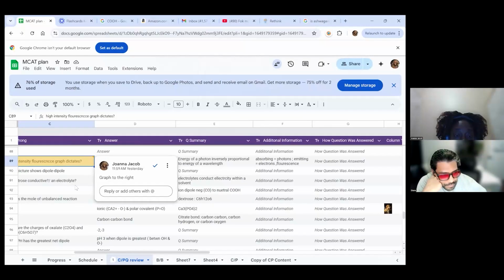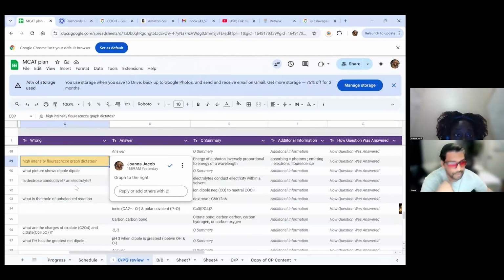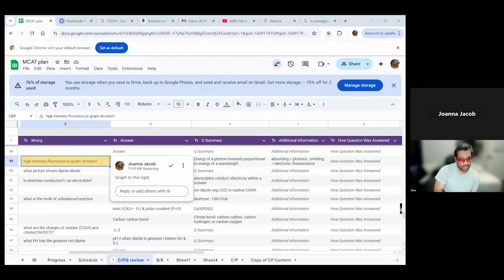It's glitching back. Let me turn my camera off. So the question is what the high intensity fluorescence graph dictates? Yes, that's what I believe the question to be asking from the question we just went over.